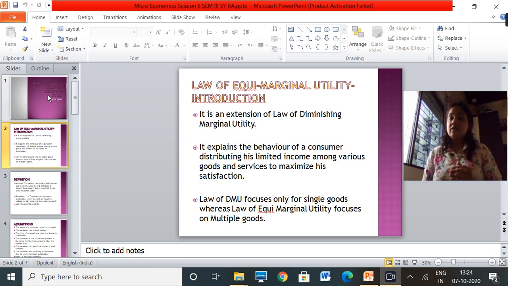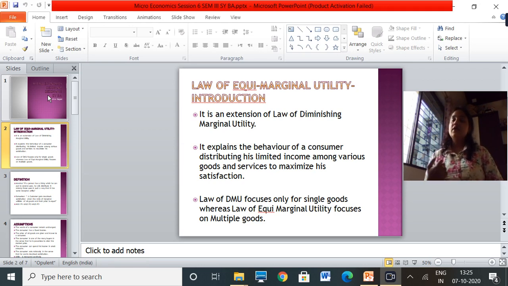Before I tell you what this law is in detail, you have to understand that in the law of diminishing marginal utility we had one product and we were testing the marginal utility of this product: whether it is diminishing, whether it is increasing, and we ended up concluding that as the consumer goes on consuming every unit of that commodity, say for example a big chocolate, if a consumer is consuming 300 grams of chocolate, what is happening to his utility?